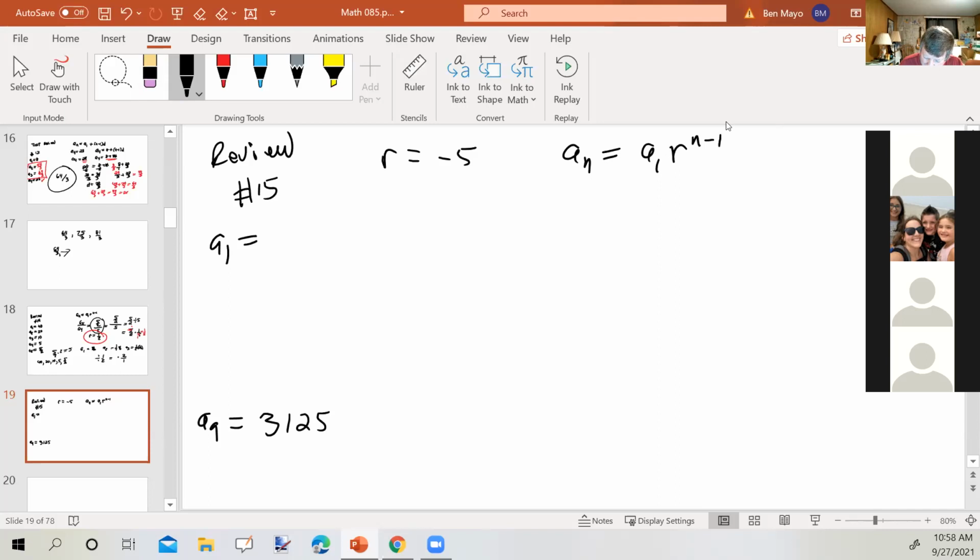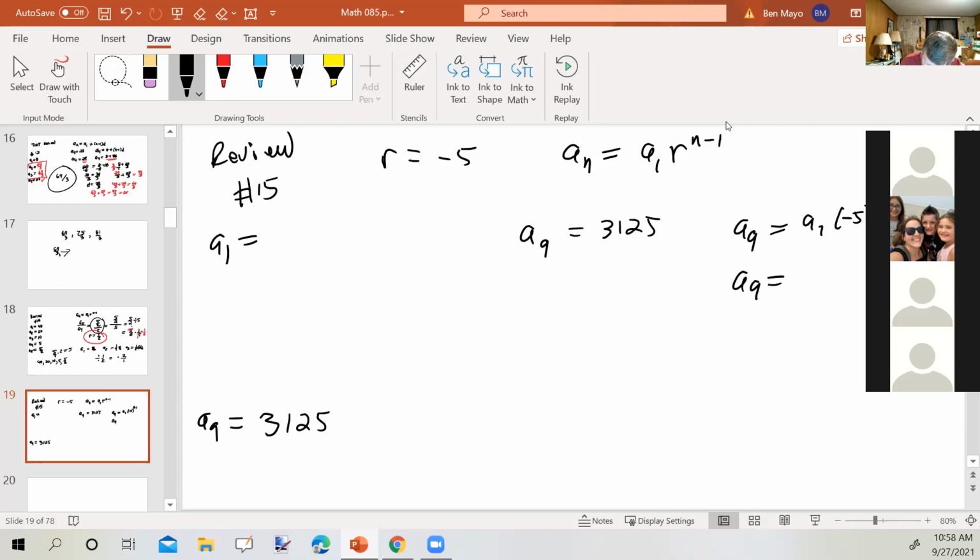Oh, well, okay. So a sub 9 is 3125, right? But a sub 9 is also a sub 1, and I don't know what that is, times r to the n minus 1, so that's -5 to the 9 minus 1 power.